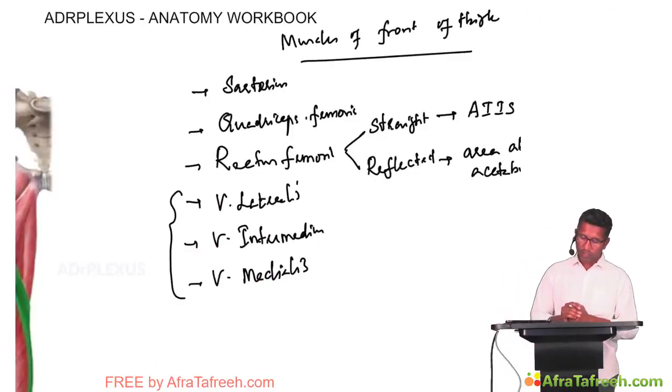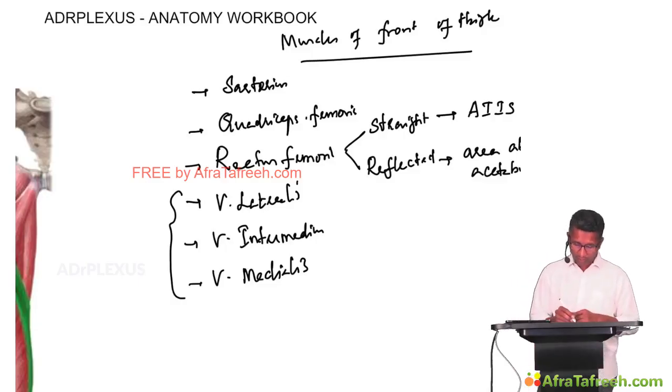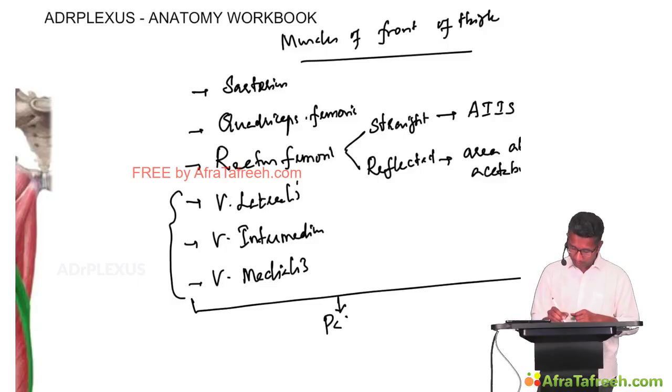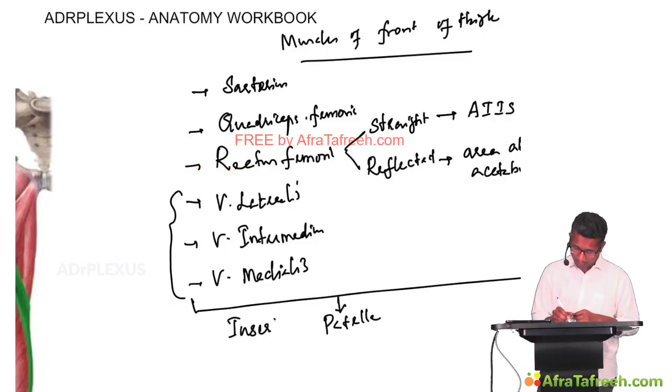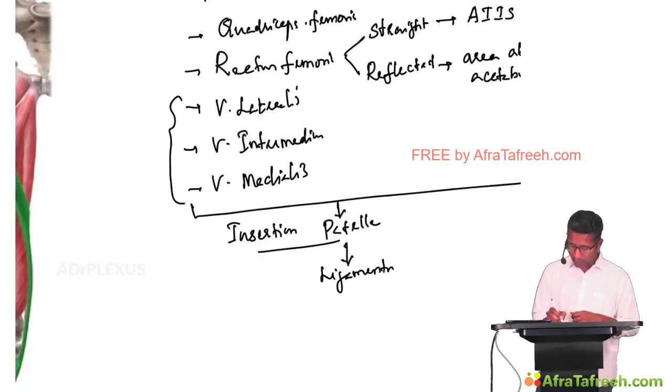So this is how the quadriceps femoris takes its origin, and finally they all get inserted into the patella. The insertion of the quadriceps femoris muscle is into the patella, and from the patella you get a ligament called ligamentum patellae.